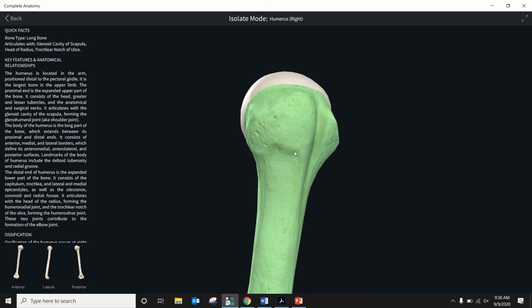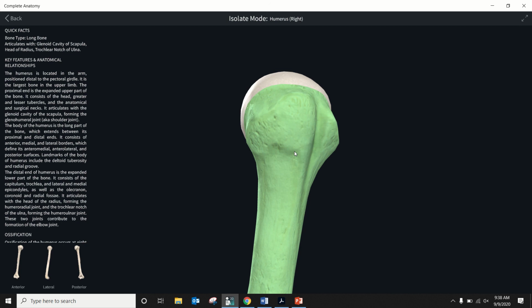The significance of the greater tubercle is that 3 of the 4 rotator cuff muscles insert there. So we covered all their origins on the scapula. Now we're going to talk about their insertions. The 3 muscles of the rotator cuff that insert there are supraspinatus, infraspinatus, and teres minor.